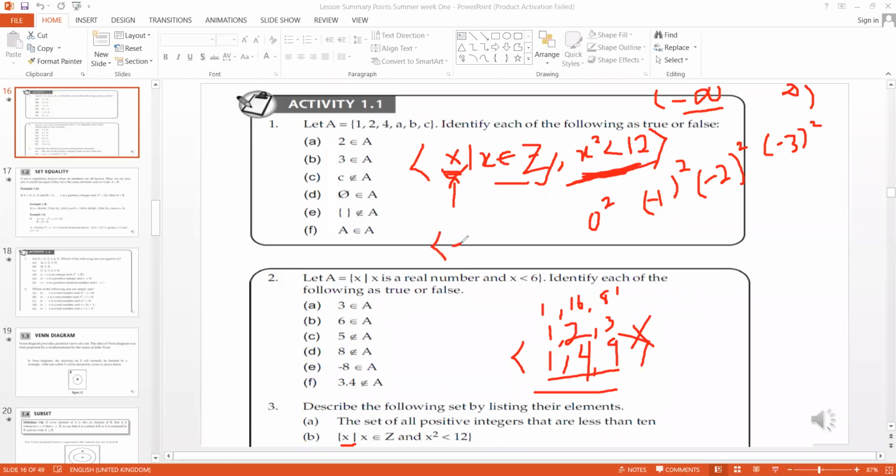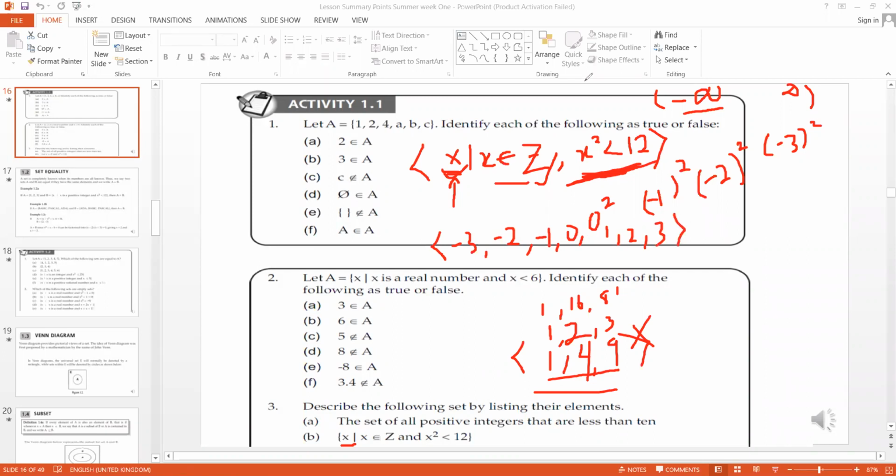Okay, so which means that the set contains the elements -3, -2, -1, 0, 1, 2, and 3. Good.